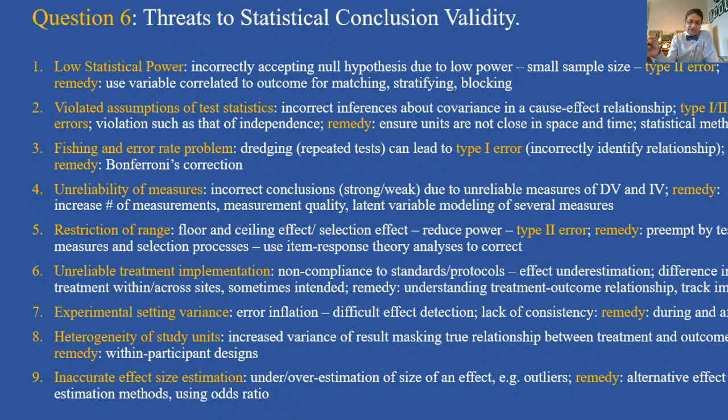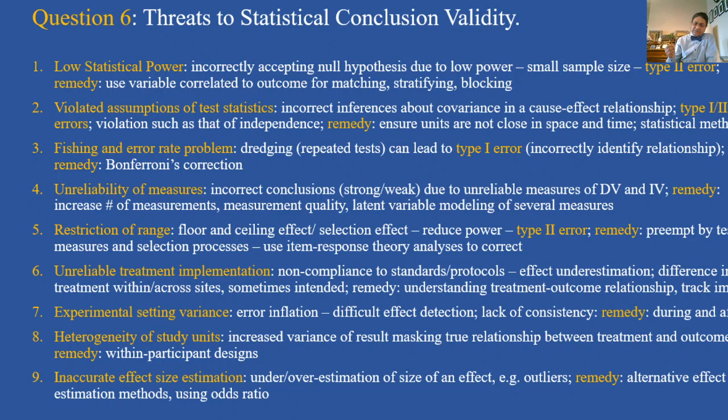and several observed measures. Threat number 5 is restriction of range, which is floor and ceiling effect due to closely restricted values of treatment or outcome, the variables that are used. Such restriction reduces power and leads to type 2 error.